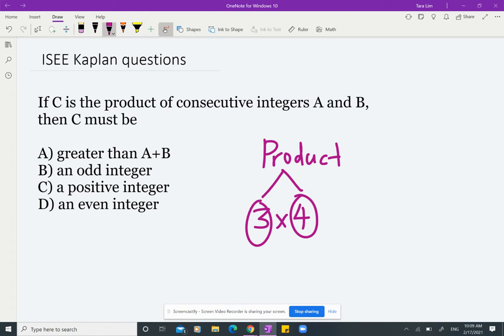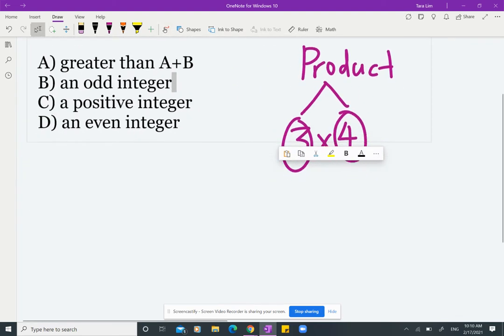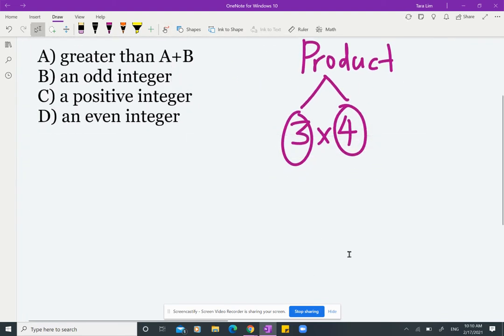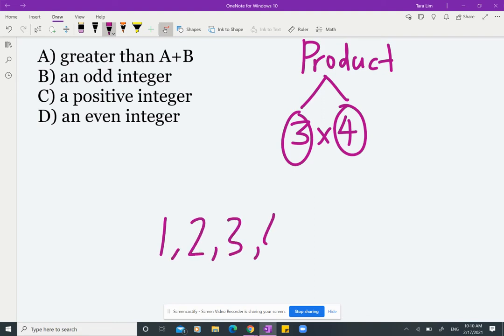Moving on, consecutive integers. Consecutive means a number keeps on following another one. So, for example, let's start with 1. Consecutive means following. So that means 1, and then 2, 3, 4, 5, and then we keep on going.